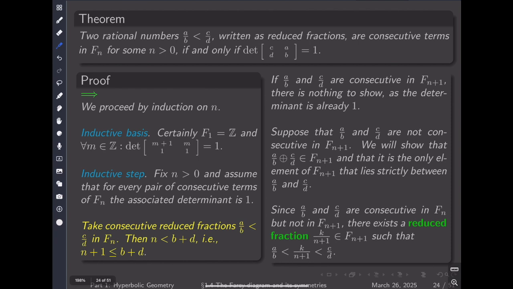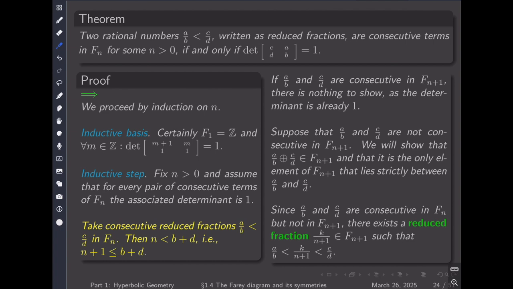As a corollary of the next theorem, Fn plus 1 can be obtained from Fn by taking, between consecutive members, the naive sum, and then if the denominator is greater than n plus 1, discard it. If it is not, include it. That is how you obtain Fn plus 1 from Fn.